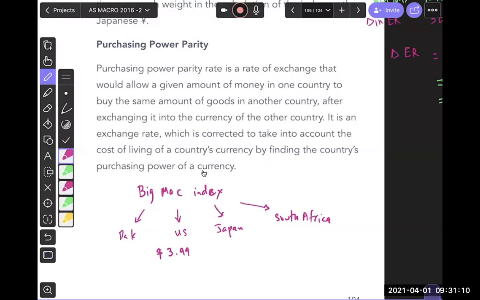But anyone who eats Big Mac can tell me what's the Big Mac price in Pakistan? Okay, wait. I found the menu. Anyone who can tell me Big Mac price in Pakistan? Just the Big Mac. No Big Mac eater here. Everyone is quiet. Are you guys Googling as well?